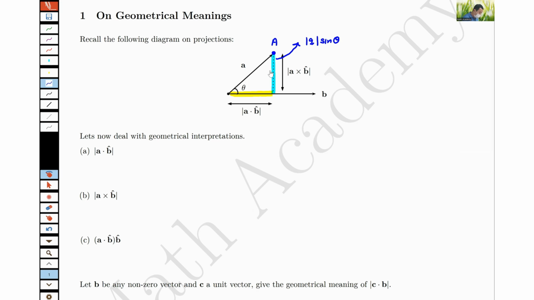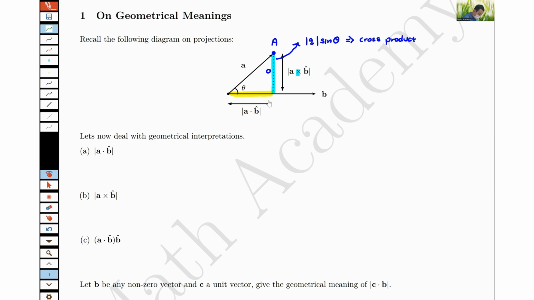The one that is opposite the angle will be sine, and sine can be related to cross product, because the formula for cross product is mod A mod B sine theta. So to recall the formula, it will then be A cross B cap.